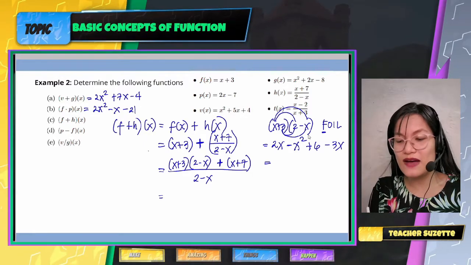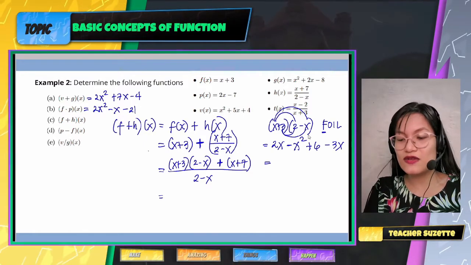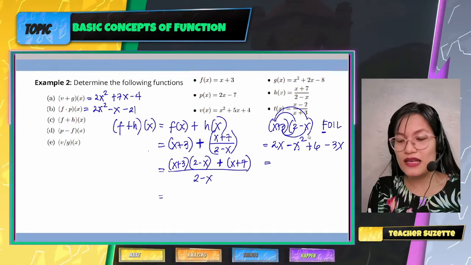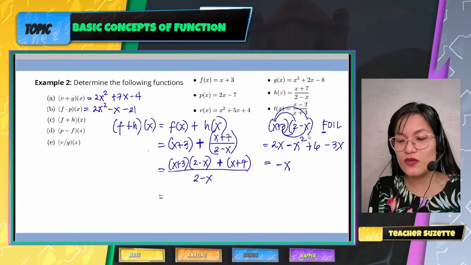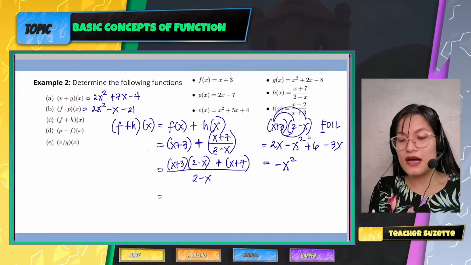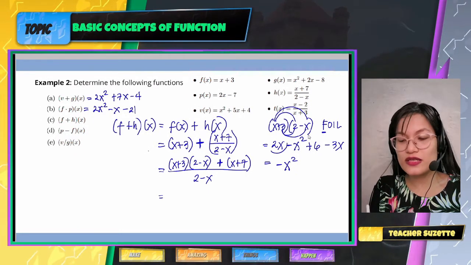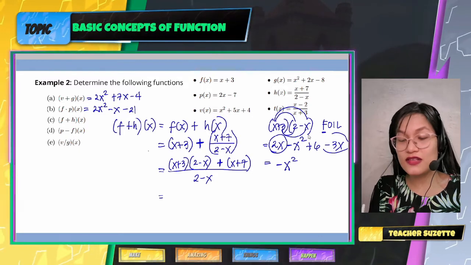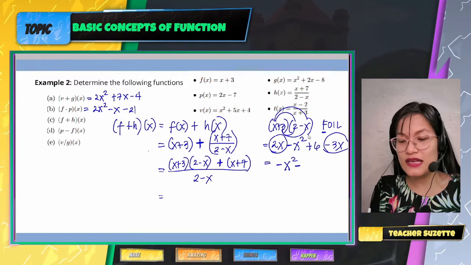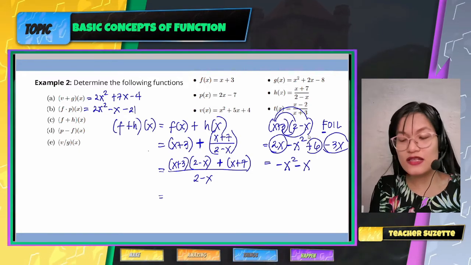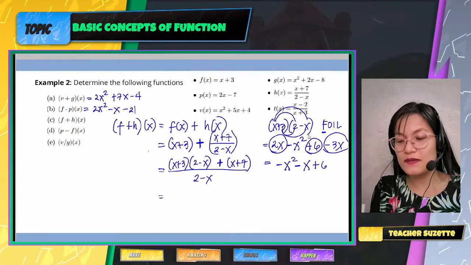So, we will now start with the highest exponent. So, we have negative x squared, plus our like terms which are 2x and negative 3x. So, that would be negative x. Then, our constant, we copy, plus 6.